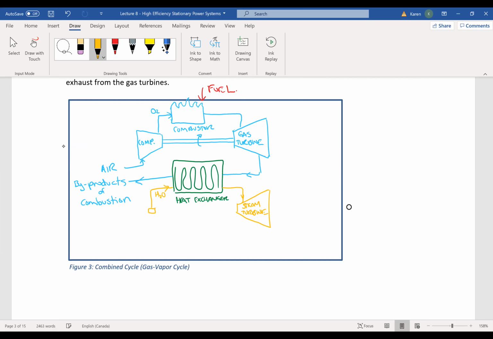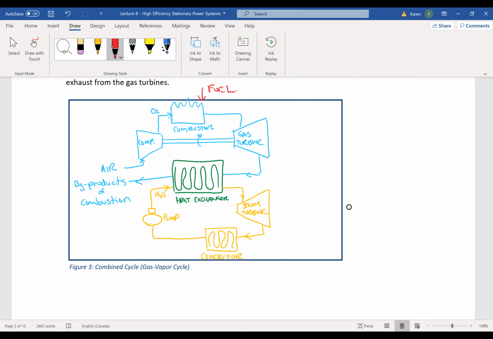And how do we get water in there? We need a pump. Where do we get the water from? It must condense. And it condensed from the outlet of the steam from the steam turbine.